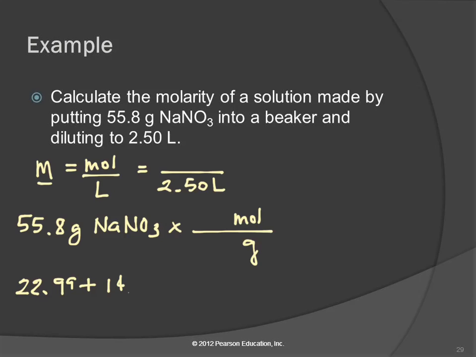Nitrogen is 14.01. And there are 3 oxygens, 16. 22.99 plus 14.01 plus 3 times 16, 85.